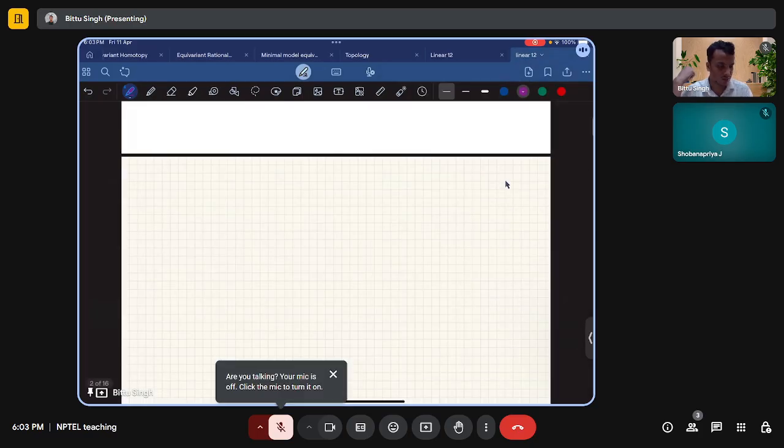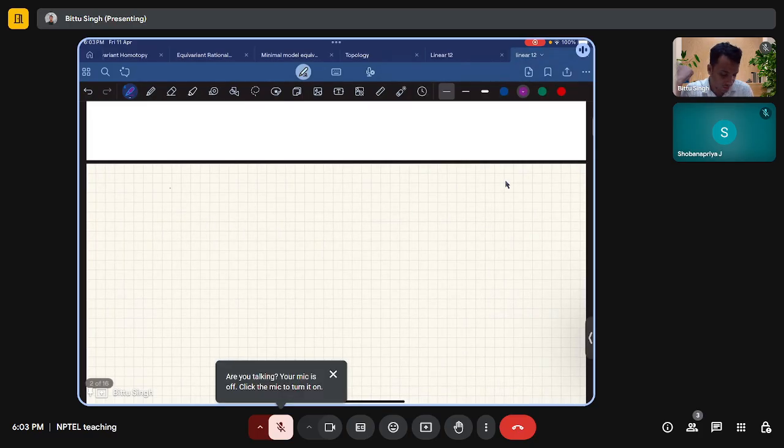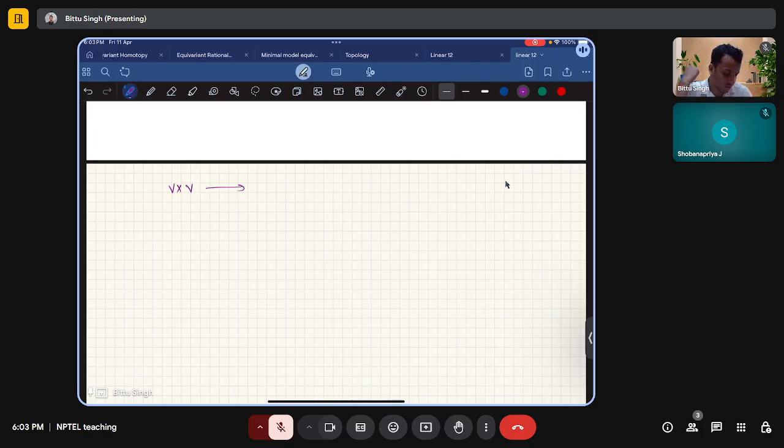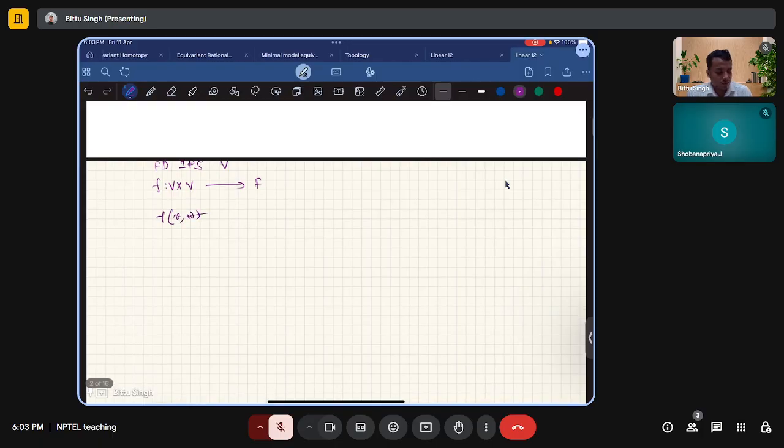It is a form, that is, a map from V cross V, given a finite dimensional inner product space V, to the given field K, or maybe F. V is the vector space over the field F. Then we may define f(v, w), and it needs to satisfy some properties.